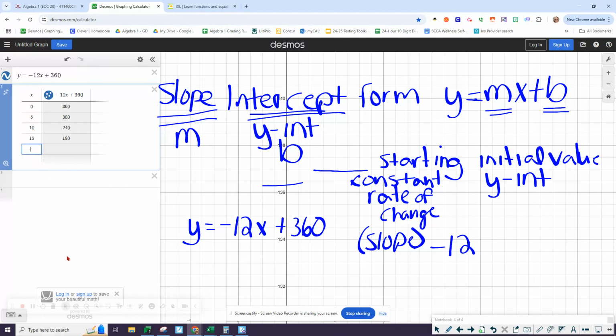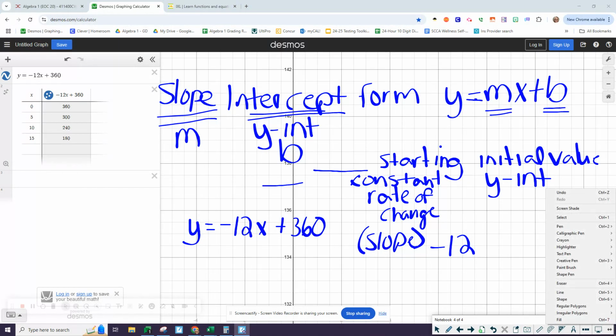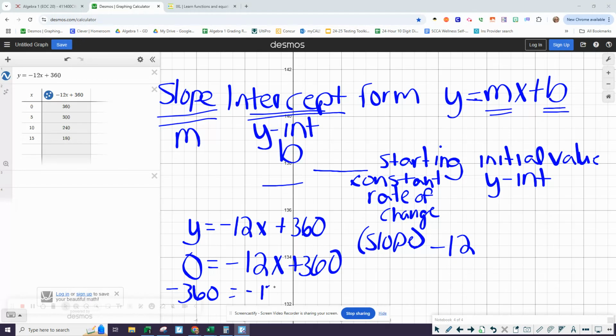So when will it equal 0? Take your 0 and put it into your equation, and solve for x. Okay, so when y is 0, I'm going to subtract the 360. That's going to give me negative 12x. And then I'm going to divide by negative 12.